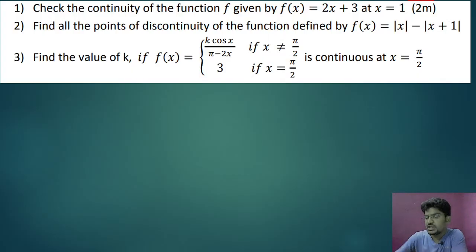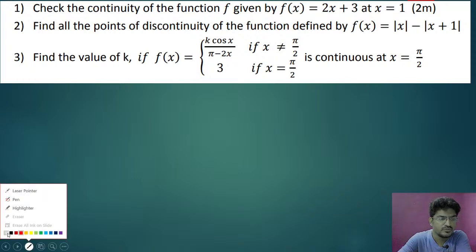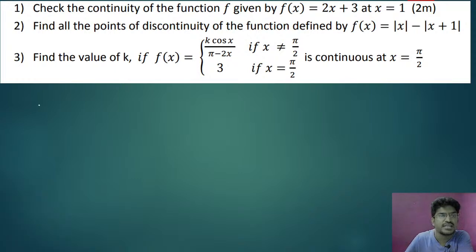In the continuity chapter, the first thing you have to remember is when the function is continuous. The function is continuous if it satisfies f of a equal to left hand limit, that is equal to right hand limit. So if it satisfies this equation, then we say the function is continuous.